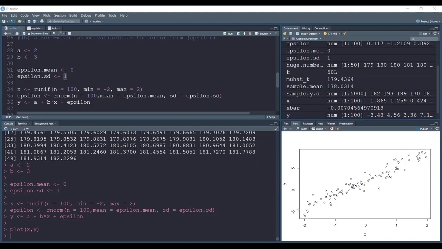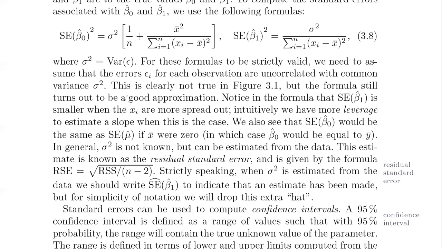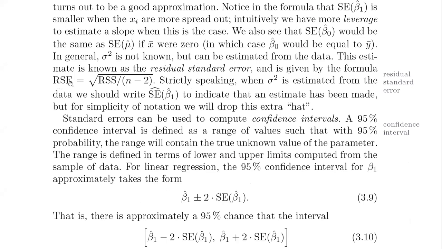So there's a bit of circular logic over here, because to pass that line, there might be some circular logic over there. So instead, since we don't know the error term, we define this over here. This is known as the residual standard error. It is the RSS divided by n minus 2.